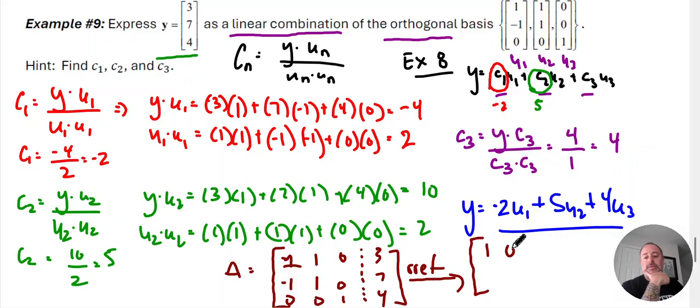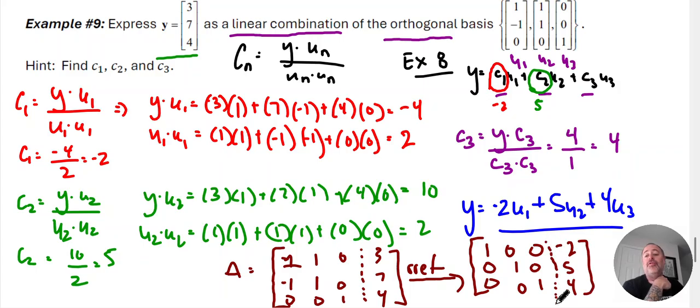You guessed it. We're going to get 1, 0, 0, wait for it, -2, 0, 1, 0, +5, 0, 0, 1, 4. So this is how you're going to check that you got the right answers for this.